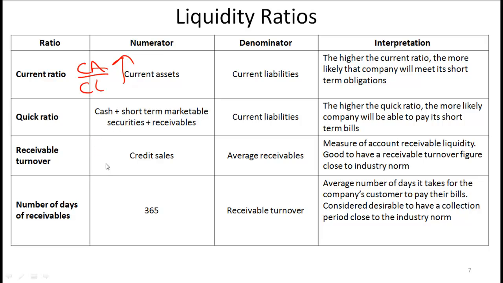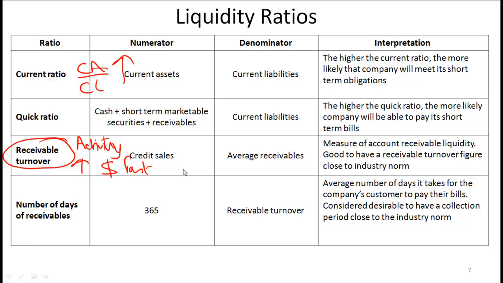Now, something slightly different here relative to FRA. In FRA, ratios like receivable turnover were called activity ratios. In the context of corporate finance, we are calling them liquidity ratios. And the way you can think of this is as follows. From a corporate finance perspective, if the receivable turnover is high, that means that your cash is coming in fast.